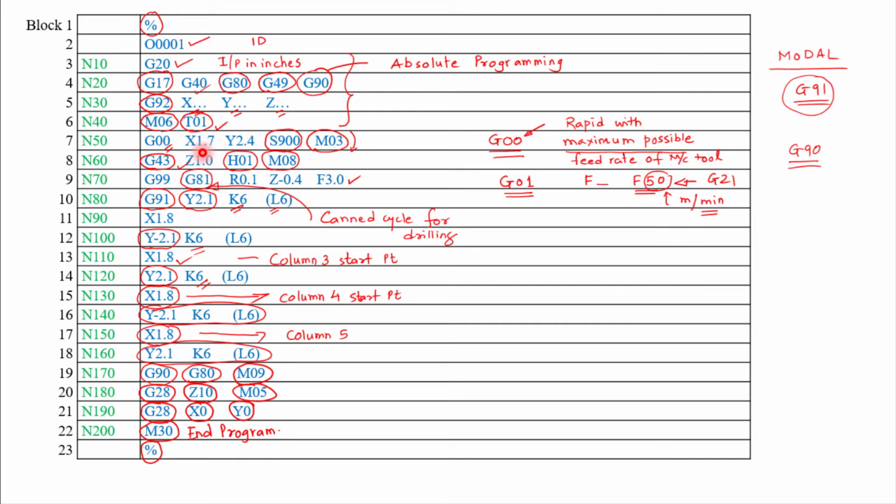Once the tool reaches X 1.7, Y 2.4, then we are asking the tool to travel along the Z direction and reach a point 1.0, which is above the top portion along the Z direction.